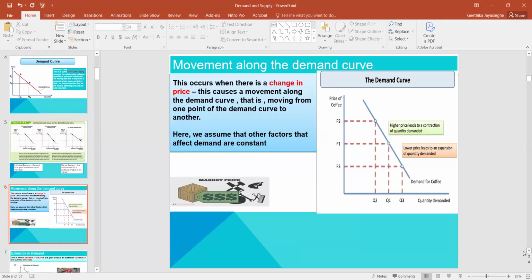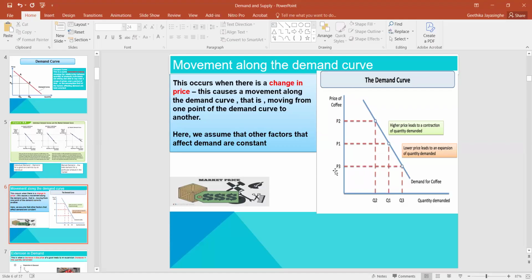And we said, okay, there can be movements along the demand curve. Okay, so if the positions are here Q1, Q2, Q3, Q1 corresponds to P1, Q2 corresponds to P2, and Q3 corresponds to P3. So these can be movements along the demand curve, right?